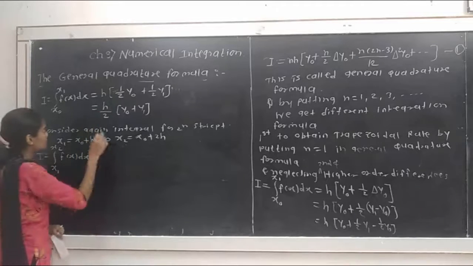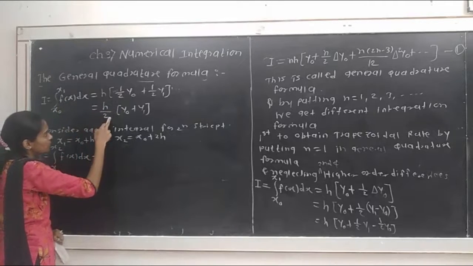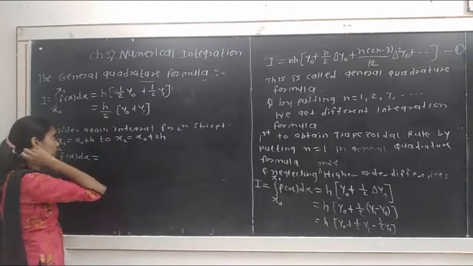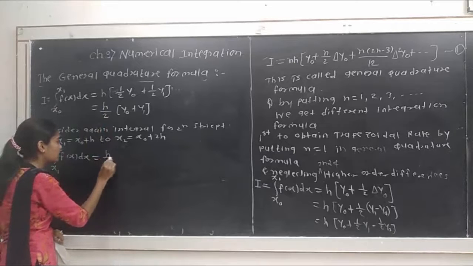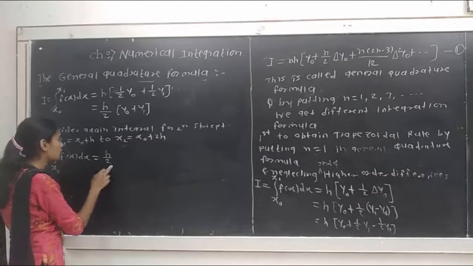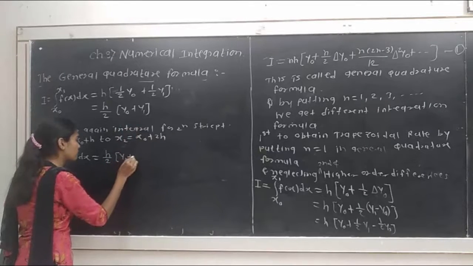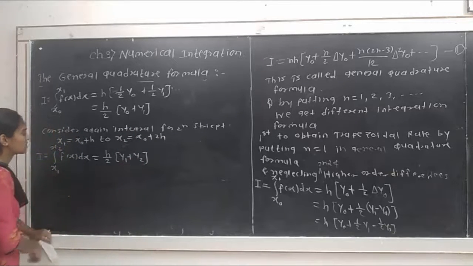By comparing with the integral from x0 to x1 of f(x) dx, which gave h divided by 2 in bracket y0 plus y1, where h is the length of the interval, we write the integral from x1 to x2 of f(x) dx as h by 2 times the addition of y1 plus y2.